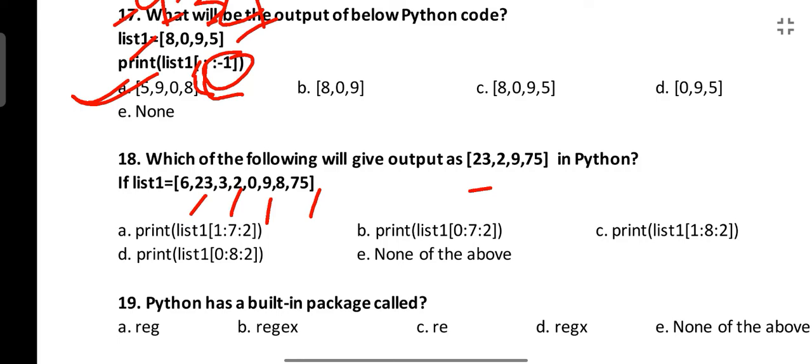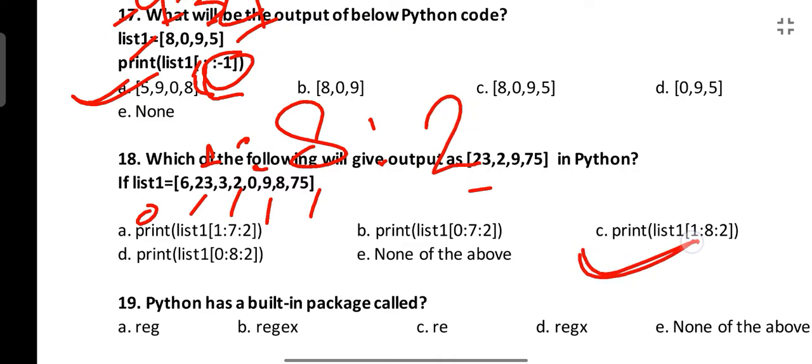Here we can see the gap is 2, and in Python we know the indexing starts from 0. So it will start from index 1, going 0, 1, 2, 3, 4, 5, 6, 7, and till the 7th we need to give 8, and then 2. So where it is 1:8:2, this one is the correct answer.